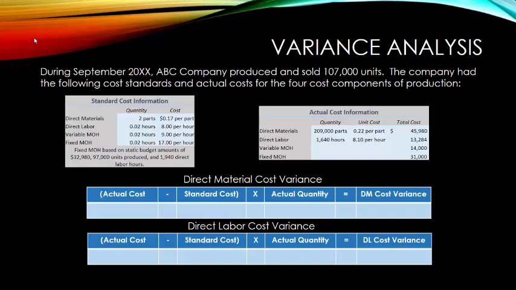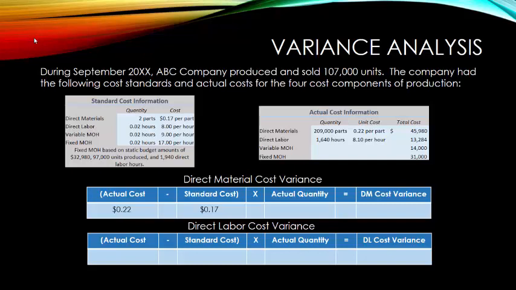So our actual cost per materials, and we're going to break this down to the unit level, should have been 22 cents per part, taken right from our actual cost information. Our standard cost, we said what we budgeted for was to spend 17 cents per part, found in our standard cost information, which means we paid 5 cents more per part than we planned on.